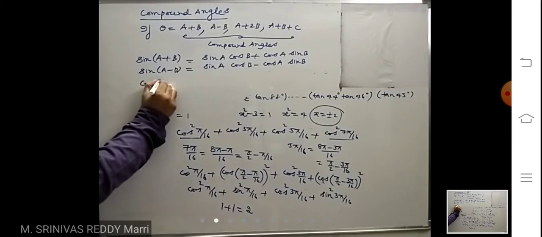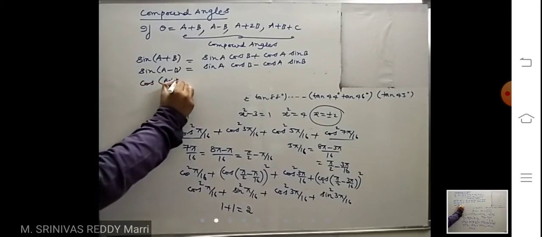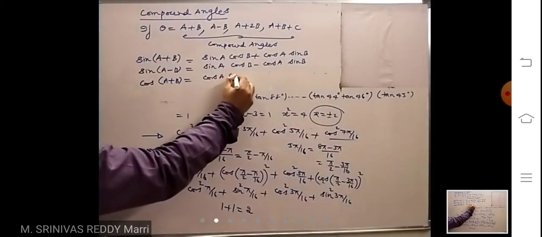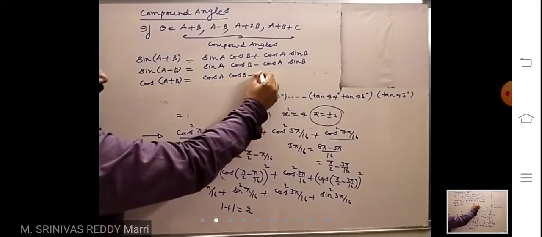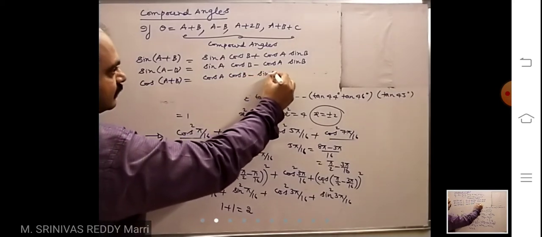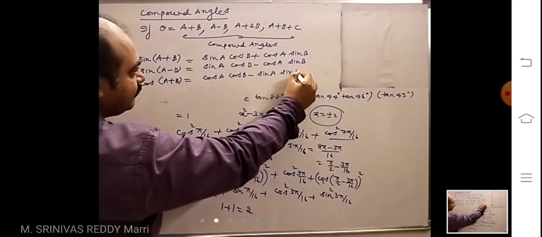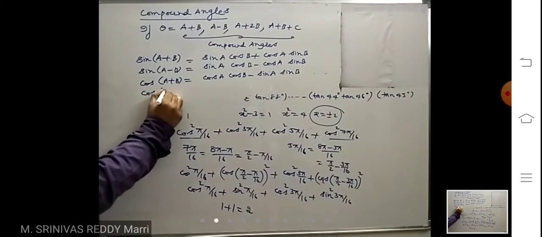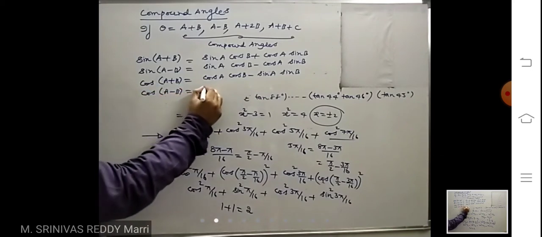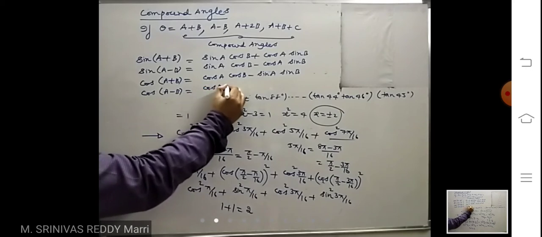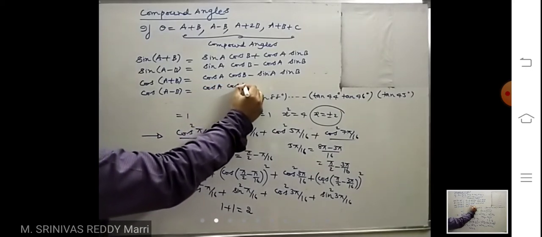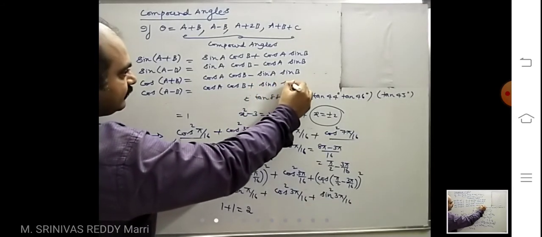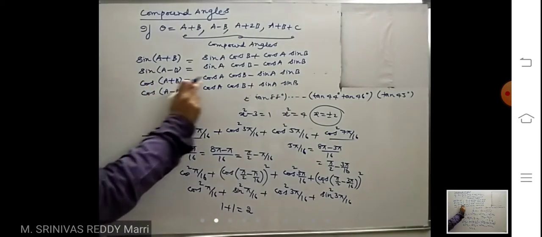Okay, next formula. Cos of A plus B is nothing but cos A cos B minus sin A sin B. Similarly, cos of A minus B is cos A cos B plus sin A sin B. So if plus is there, minus will come here.